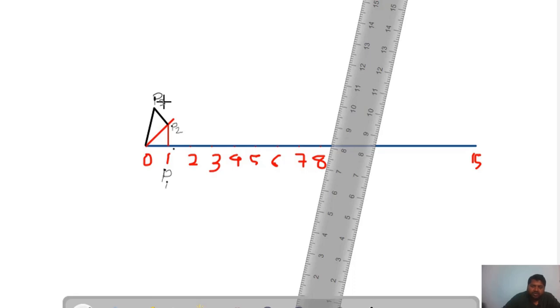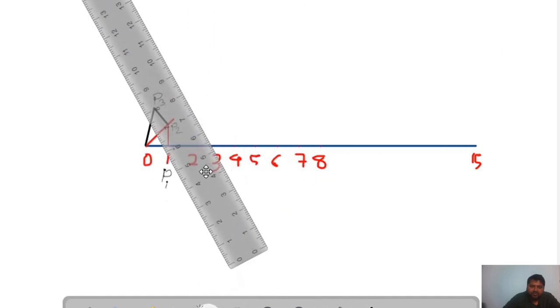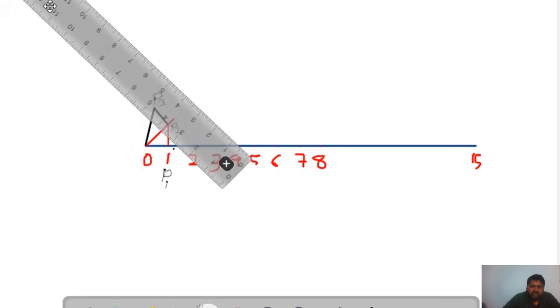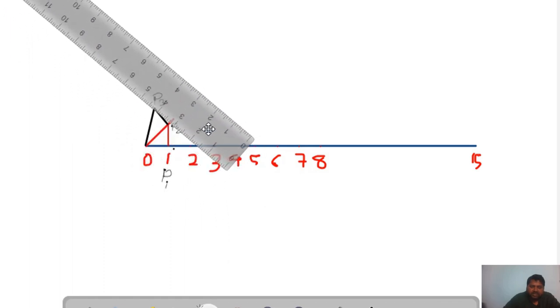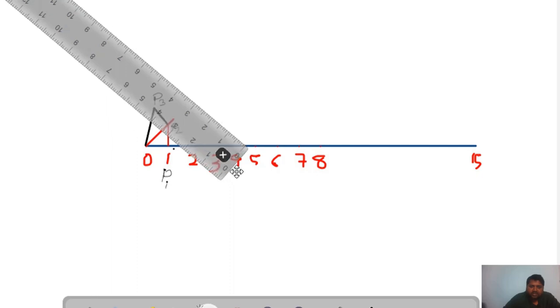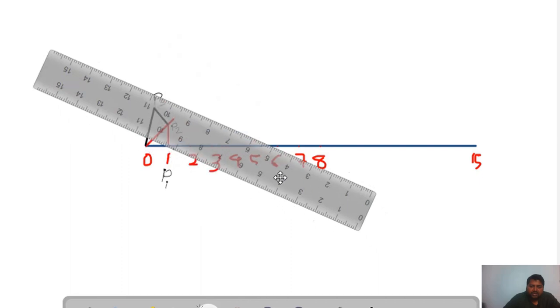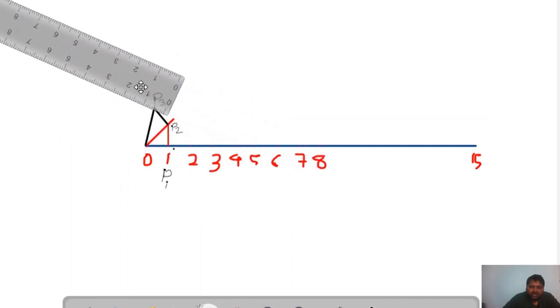So we place the scale in such a way that we draw this part. Here we see how we can fix the scale so that the perpendicular lines are drawn accurately.